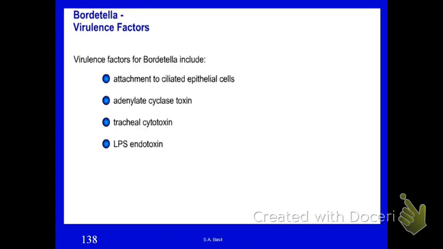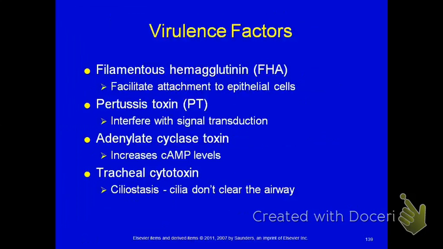Bordetella, remember, is also a toxigenic infection. Most of the virulence factors would include the toxins, namely the adenylate cyclase toxin, tracheal toxin, and LPS toxin, not to mention the fact that they have the ability to attach to the ciliated epithelial cells.